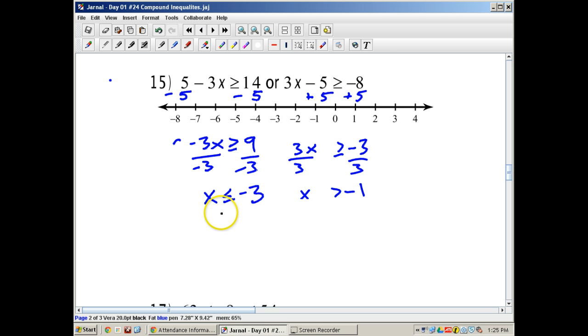So all the numbers less than -3 with an equal to, actually they both have equal to. So that's everything going this direction, less than. And then everything greater than -1. Opposite direction. And the ors generally do go in opposite directions.